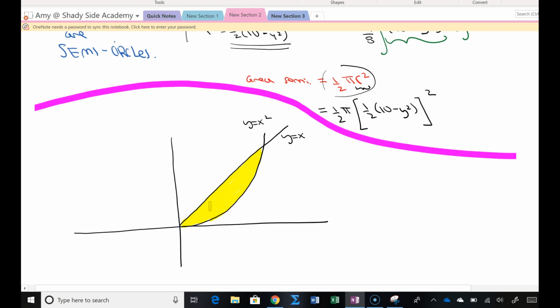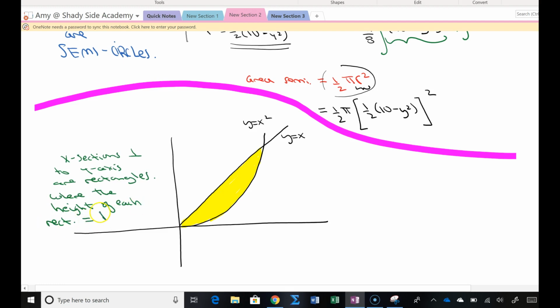That is the base of a solid where the cross sections perpendicular to the y-axis are rectangles, where the height of each rectangle equals double the width.